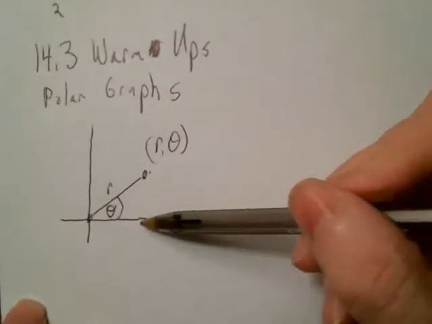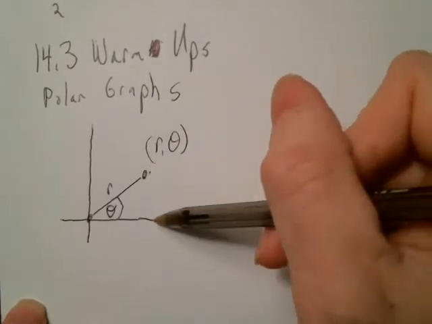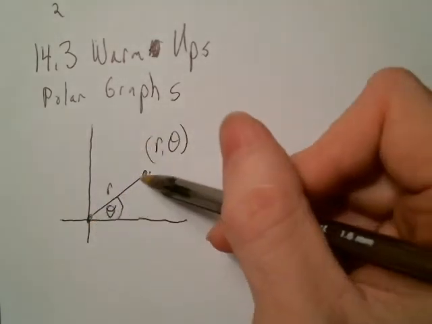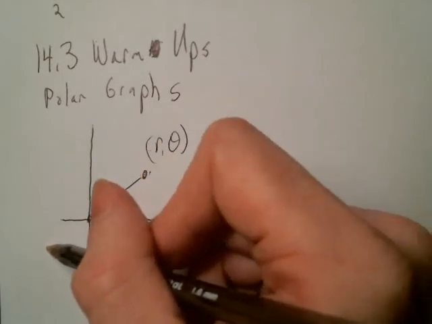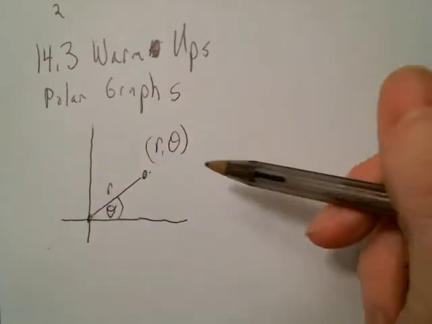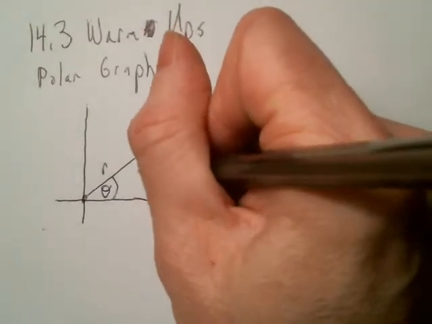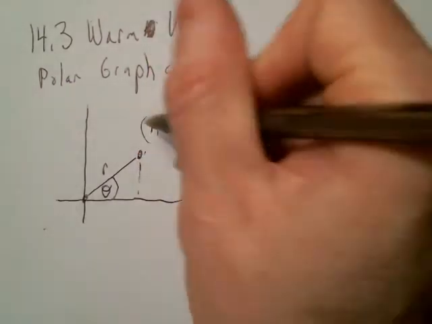In this direction it's positive, in this direction it's negative. And on the arm, there's that concept as well. If you go in this direction, it's positive. If you go in this direction, it's negative. Okay? These points are non-unique.